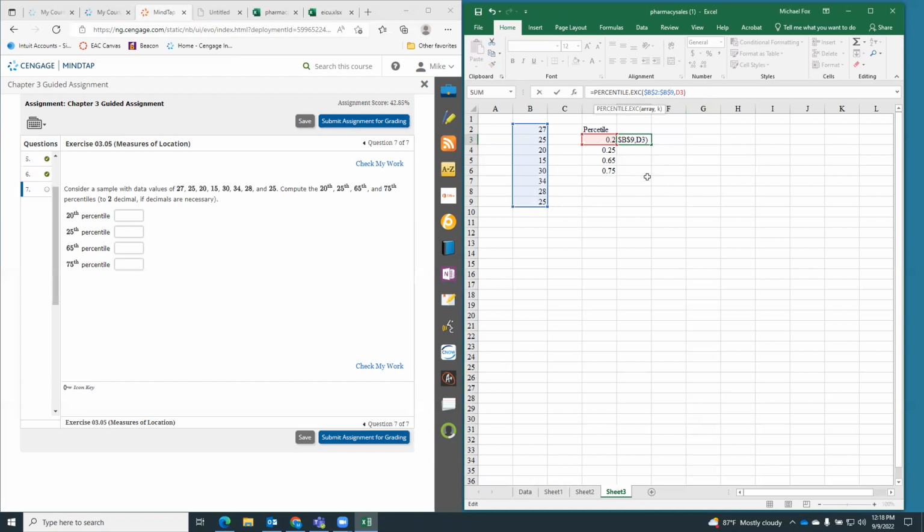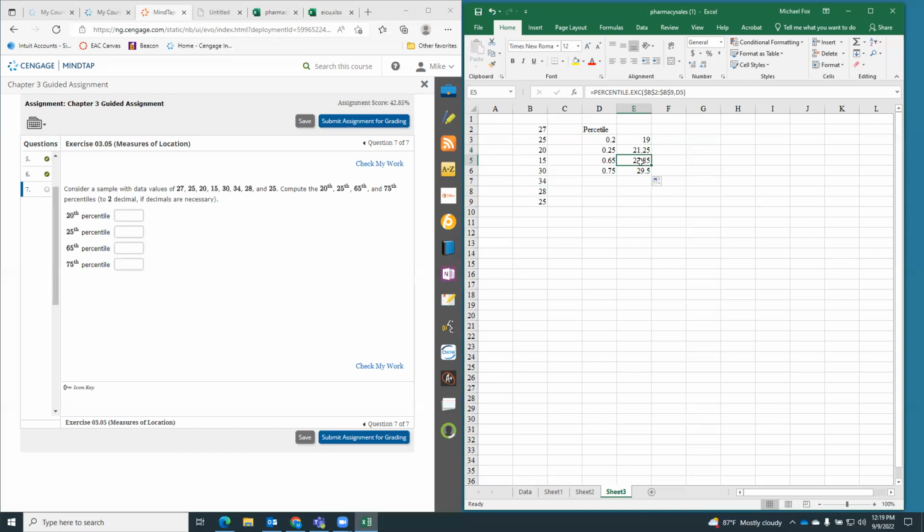And now that's going to tell Excel, hey, when I fill down, lock this in place. So always look at this array, but adjust the percentile with the fill. So I do that, and then I can see that this did B2 through B9 as the array, but D4 as the percentile.